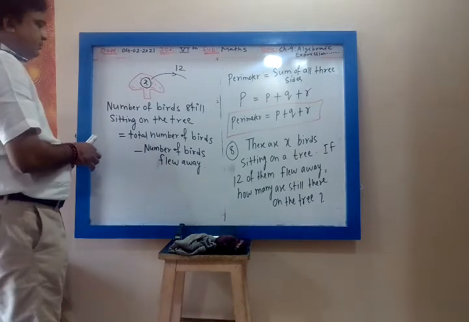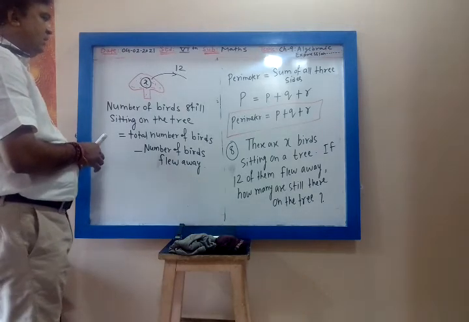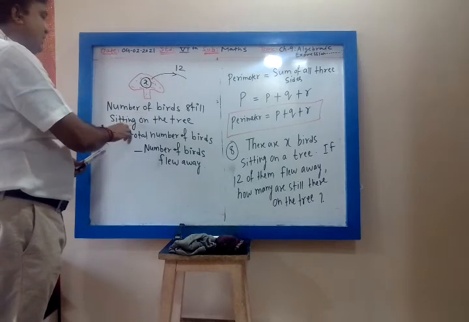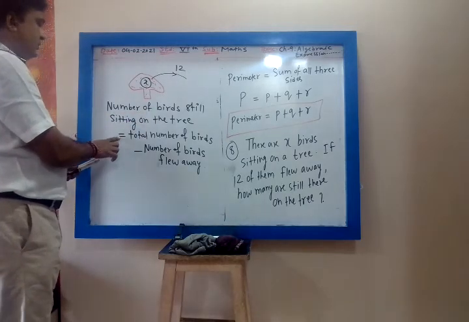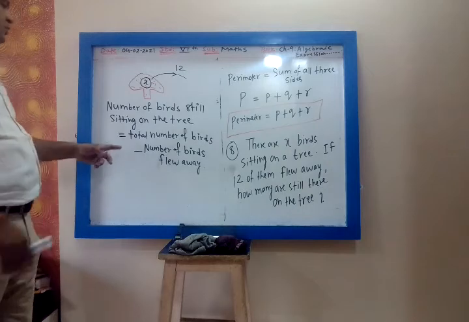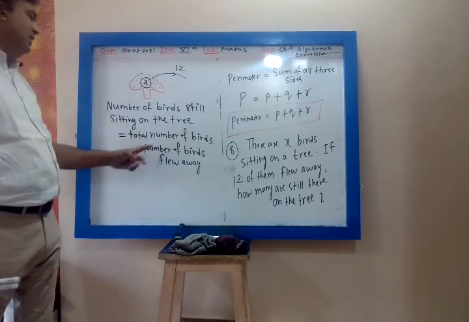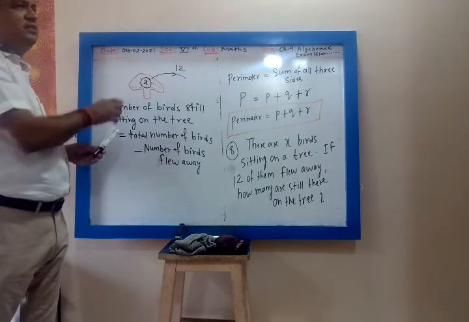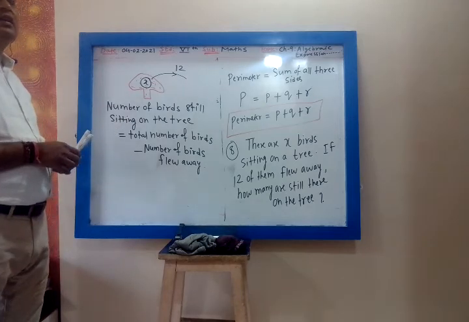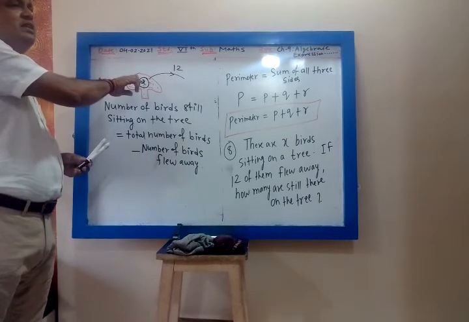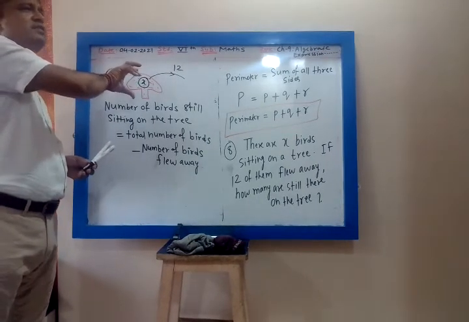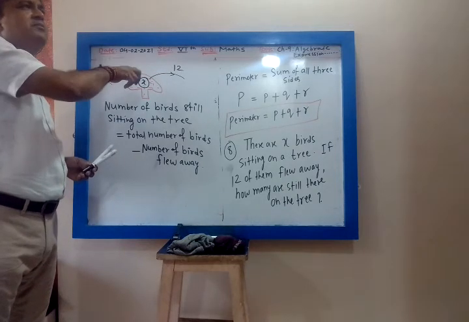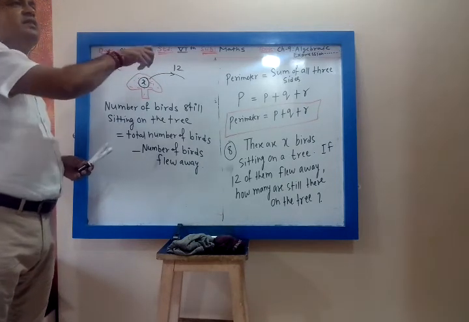So number of birds still sitting on the tree is equal to total number of birds minus number of birds flew away. Because total there are X birds sitting on the tree. Out of X birds, 12 flew away. So the balance or remaining will be sitting on the tree.